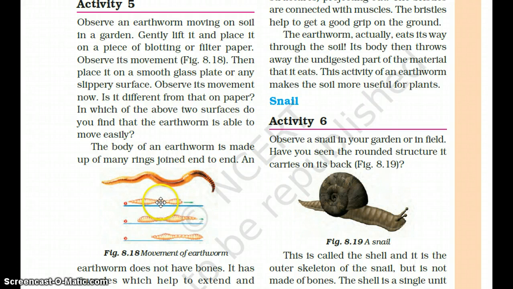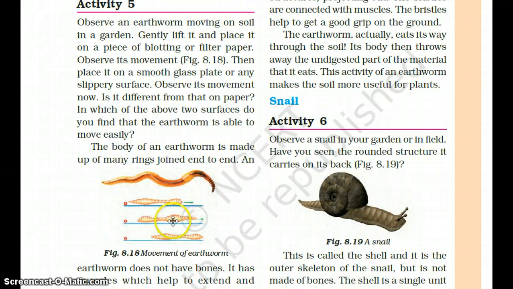Now when it has extended its anterior part, it fixes its anterior part in the ground and releases the posterior part, and after this it shortens the body and pulls the posterior part forward. So it has fixed its posterior part with the help of bristles, and it stretches its body.